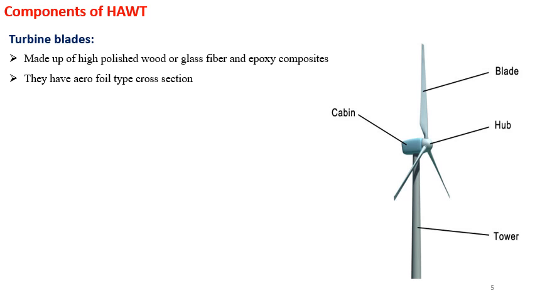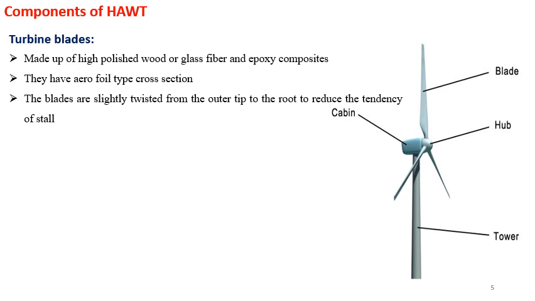The whole assembly is mounted on a tower so that it turns clear of the ground and away from surface drag and interference. From a performance point of view, the taller the tower the better, because wind speed increases with height.